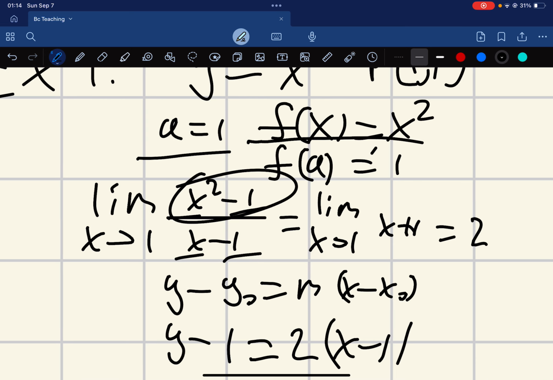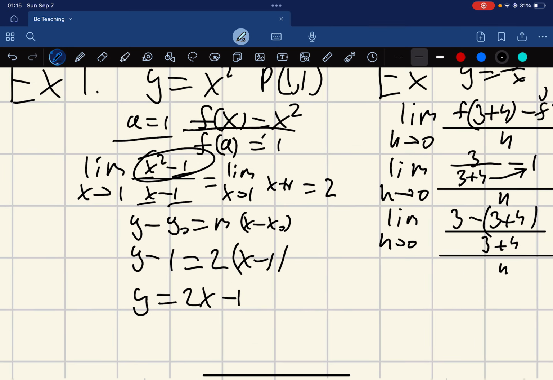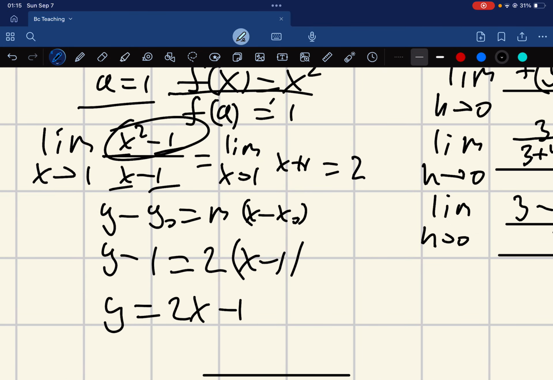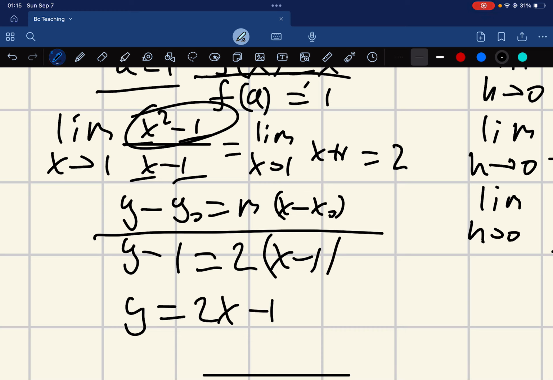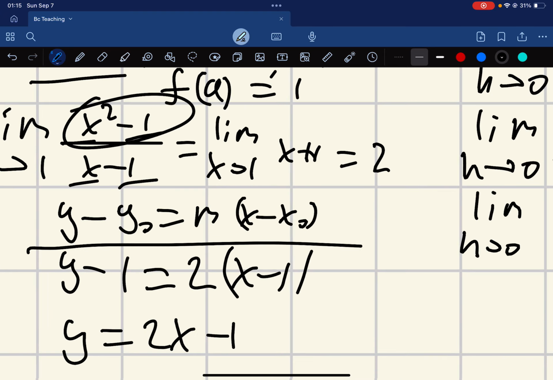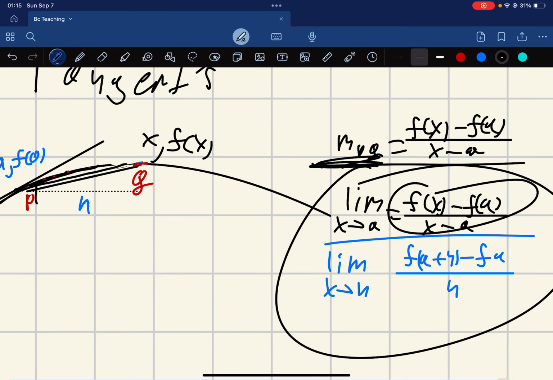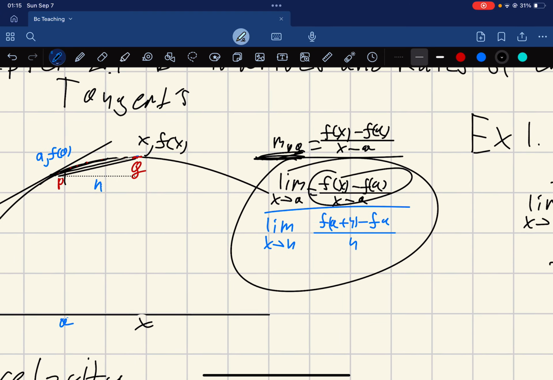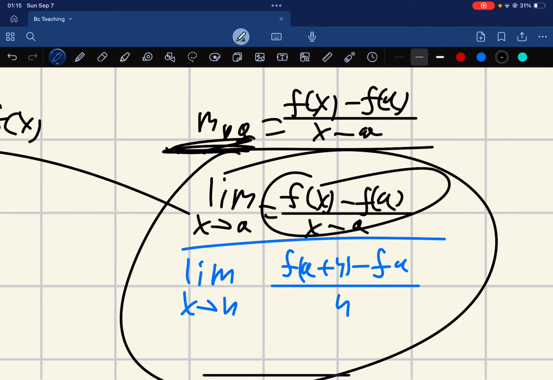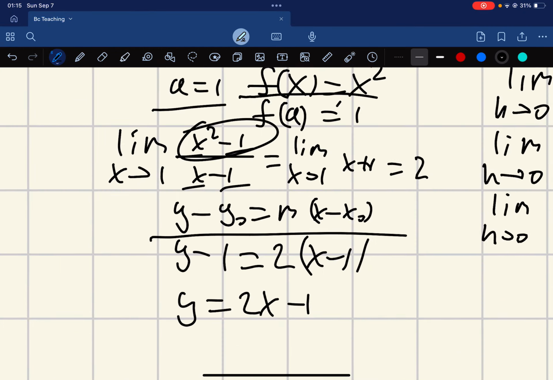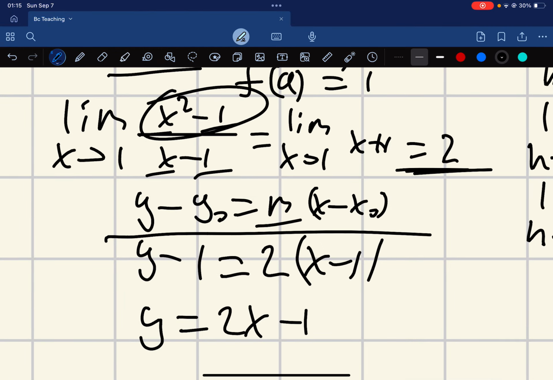You factor the top, and x minus 1 cancels, so you're left with x plus 1, and you get 2. And now since you want the line, you have to use your formula for a line. And since this shows the slope, I should write equals m. Since that shows the slope, our m would be whatever we found here.